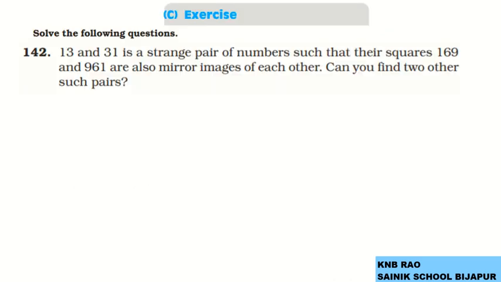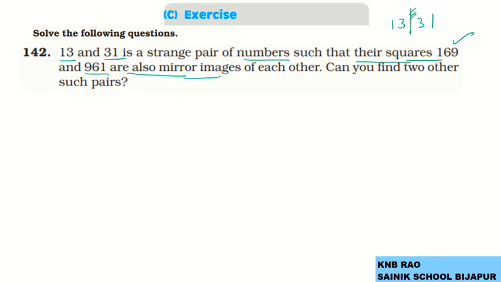Now coming to question number 142, which is the last question of this exemplar problems. See, 13 and 31 is a strange pair of numbers such that their squares, that is 169 and 961, are also mirror images. You know 13's mirror image is 31.